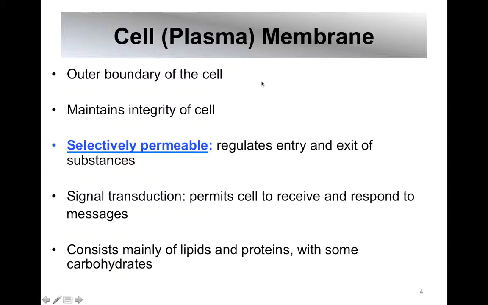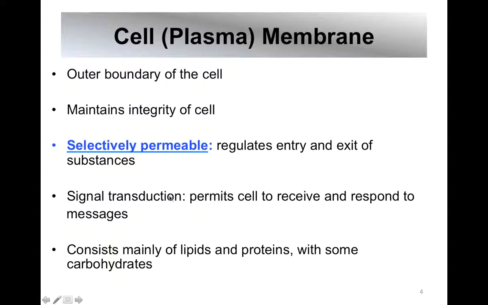Okay. Plasma membranes. The plasma membrane is the outer layer of the cell. So it is what holds everything in. It's selectively permeable because the plasma membrane allows some stuff to enter the cell, but not others. And same thing, some stuff to enter or exit. So that's the selectively permeable part.